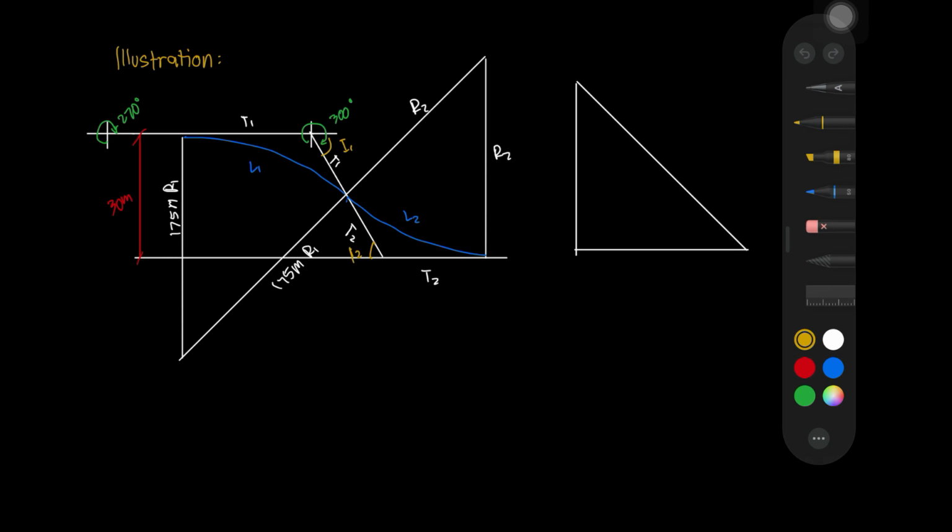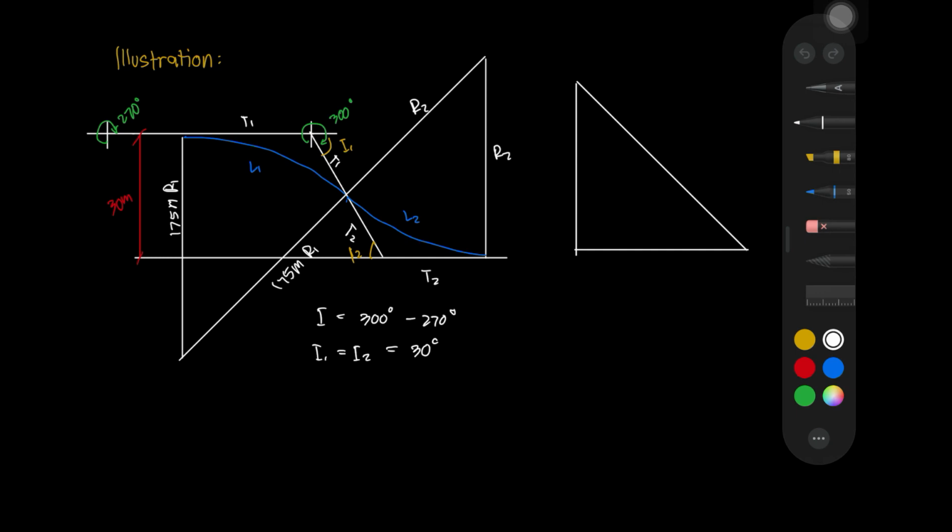From the illustration, we can see that I1 and I2 are opposite angles. Since we have our back tangent at 270 degrees and the common tangent at 300 degrees, we can get the I. So I is equal to 300 degrees minus 270 degrees. So I1 is equal to I2, which is equal to 30 degrees.